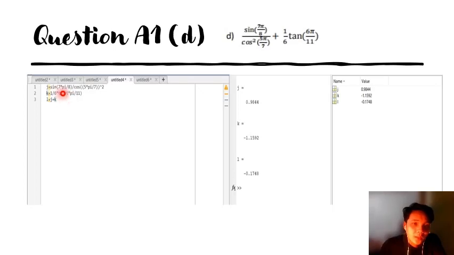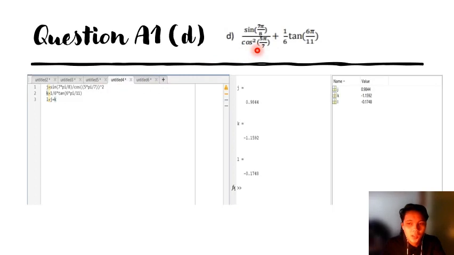Pi in MATLAB is pi, then it will give the value of the pi. And then for the cos square 5 pi over 7, we just write it down as usual, cos 5 pi over 7, and the power of 2.